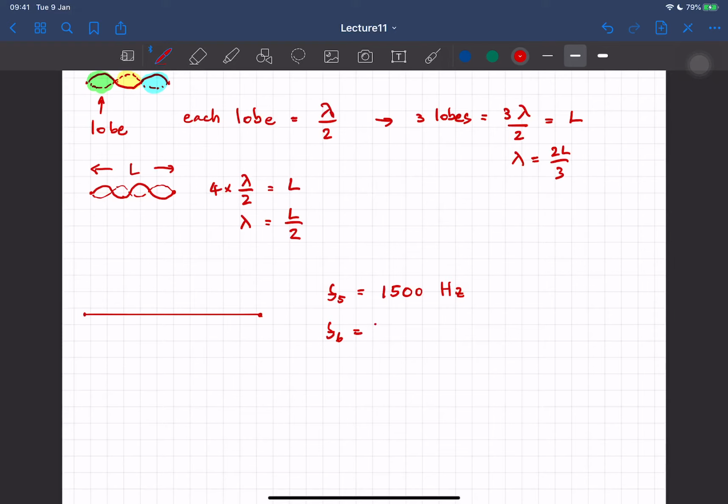What is F6? So this is a very simple question that can be quite complicated if you go the difficult way of calculating. But the fundamental frequency times the harmonic number gives you F5 or F6, right? So F5 can be written in terms of the fundamental frequency as 5 times F0, because it's the fifth harmonic.